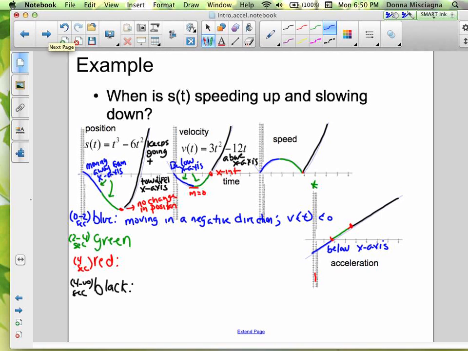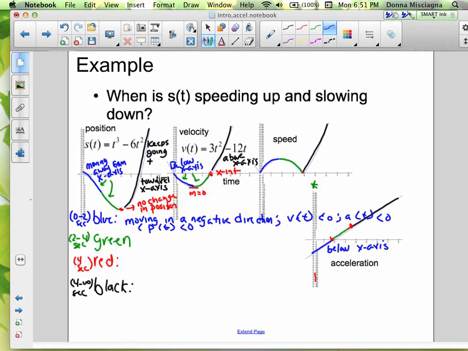And actually, next to moving in a negative direction, let's put p of t is less than 0. All right, so the position function has values less than 0. The velocity function is less than 0. And if we look at acceleration, the graph, we are also below the x-axis. So acceleration is also less than 0.